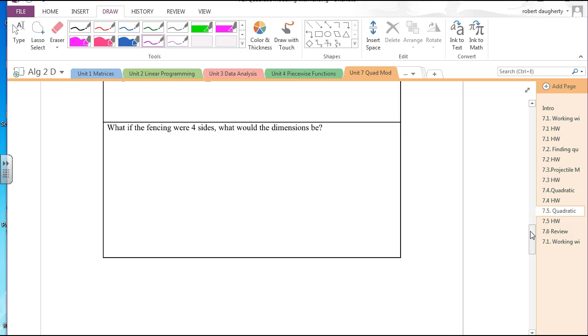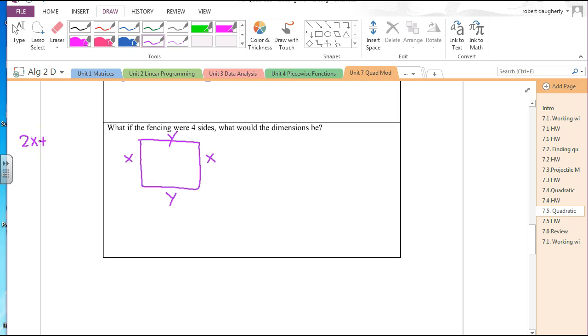Now, let's change this up again. Instead of this fence being 3 sides, what if this fence were 4 sides? So same problem. I've got x, x, y, y. What's my equation that dictates the perimeter? 2x plus what?